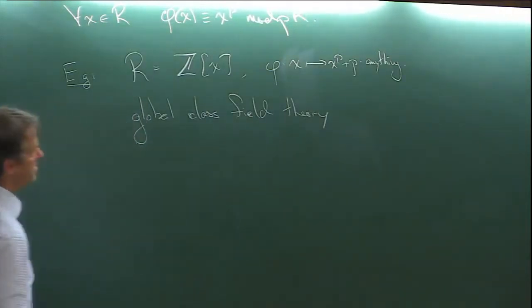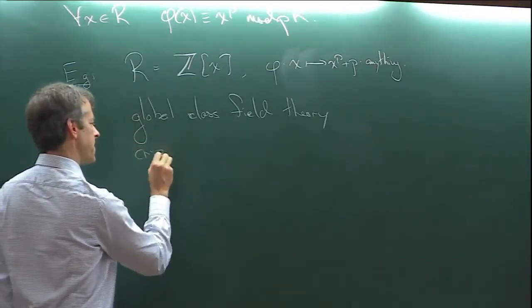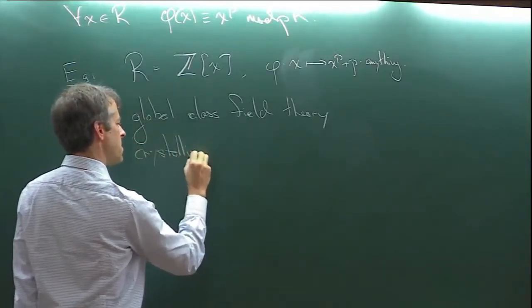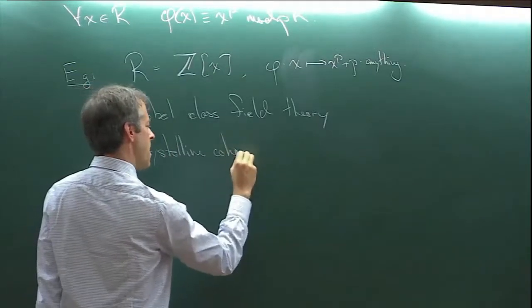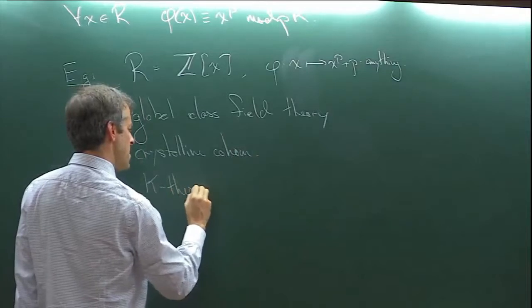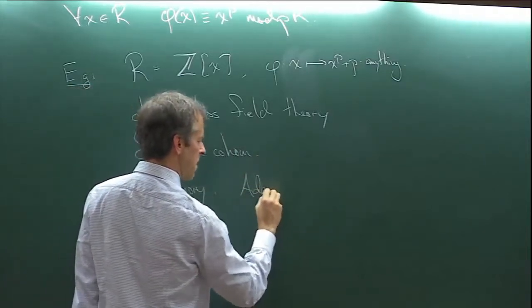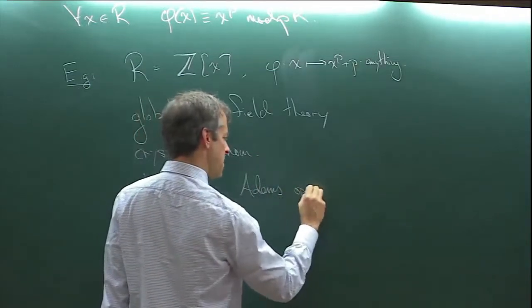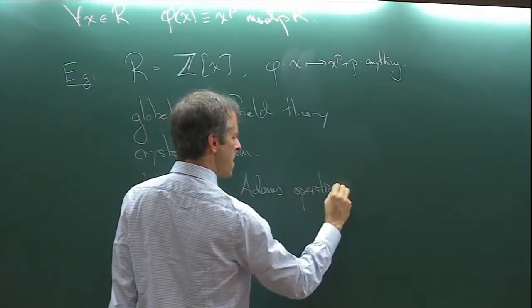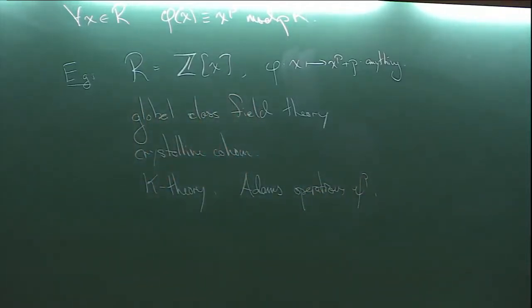I guess you probably don't need abelian. Also in crystalline cohomology, these things come up. And finally, in algebraic K-theory, they come up as Adams operations, psi p. Okay, so they're important things.